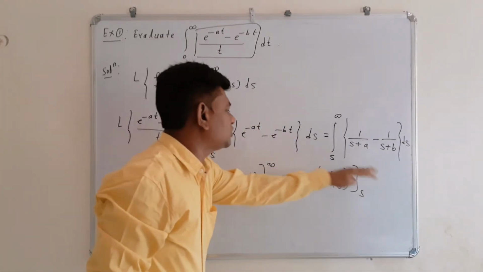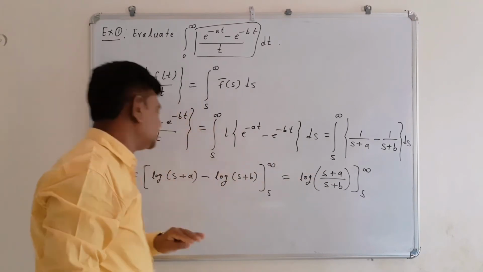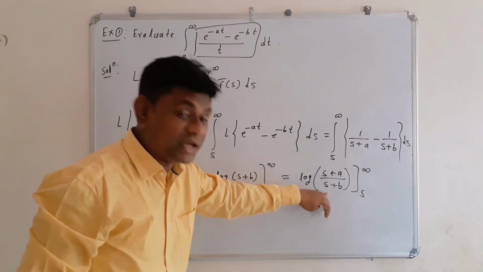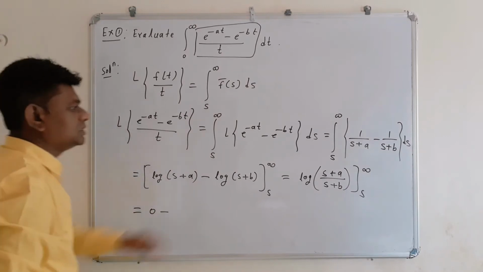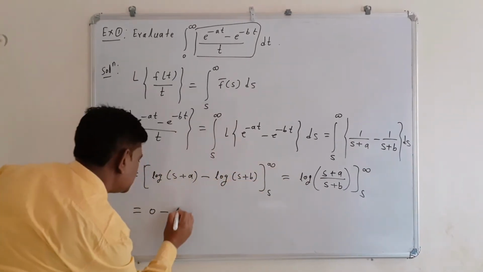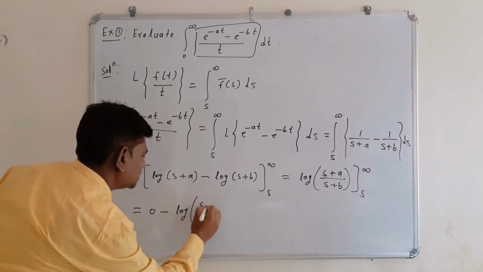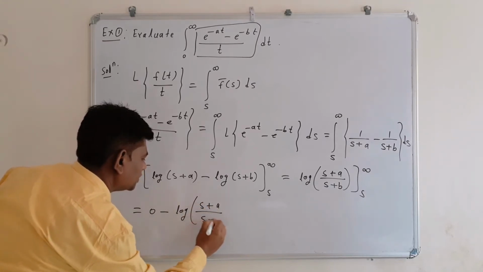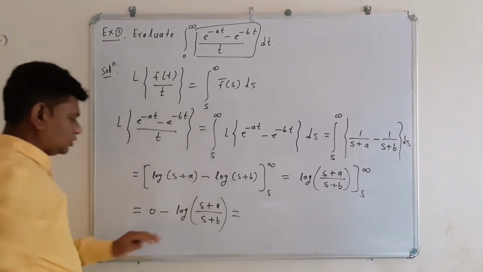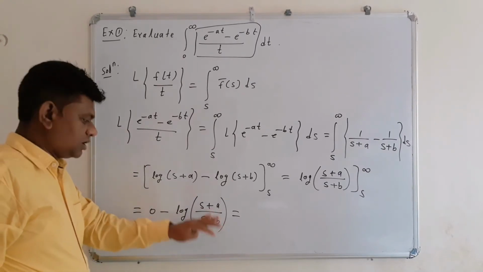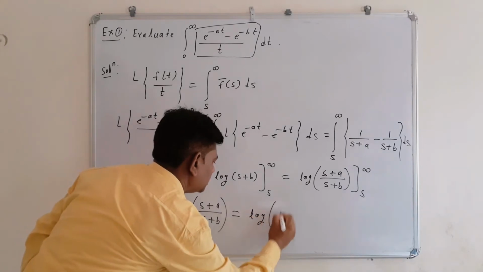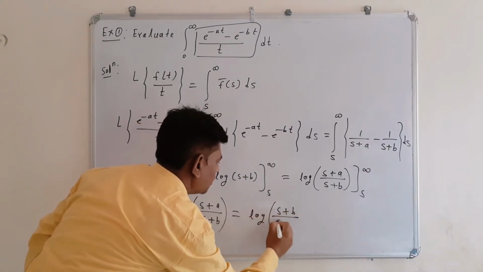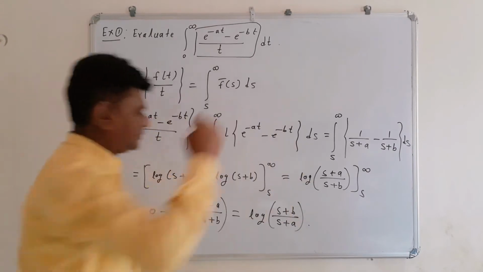Now if we substitute the upper limit in the integration, we get log 1. The log 1 is 0, so it is equal to 0 minus the lower limit, log of s plus a upon s plus b. This is equal to minus log of s plus a upon s plus b, which is log of s plus b upon s plus a.